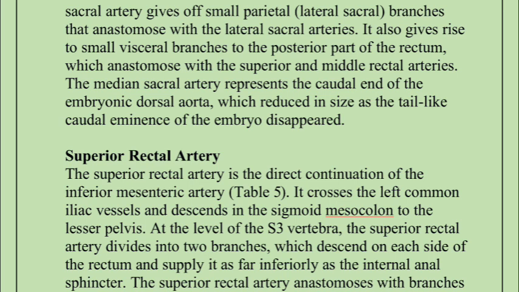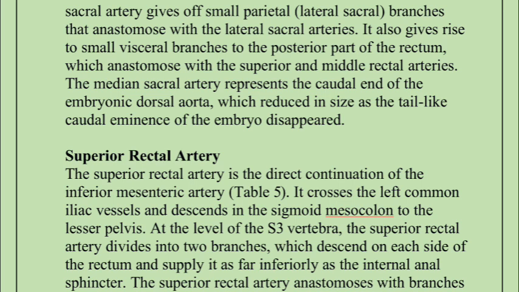At the level of the S3 vertebra, that's the third sacral vertebra, the superior rectal artery divides into two branches, and these branches descend on each side of the rectum and supply it as far inferiorly as the internal anal sphincter.